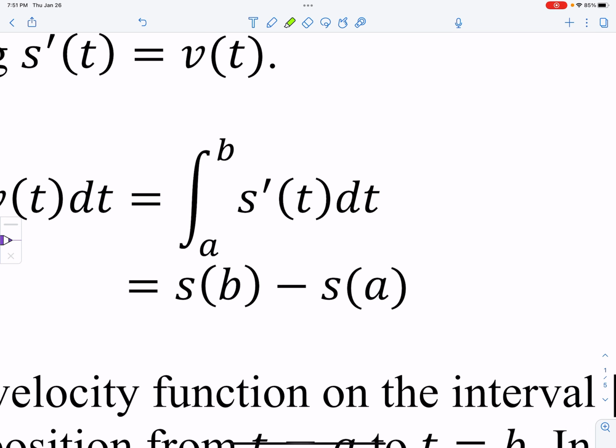Let's think about what each part of that difference represents. s of a would be an object's position at time a, and s of b would be an object's position at time b. On an interval from a to b, we could think of s of b as the ending position and s of a as the starting position. So we're calculating ending position minus starting position.